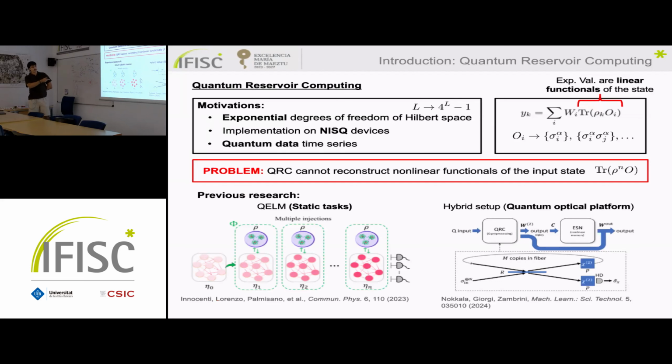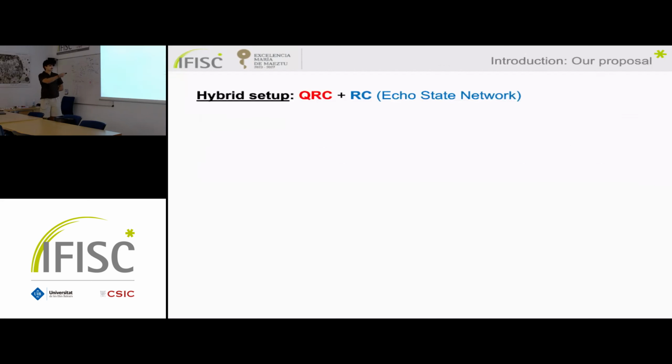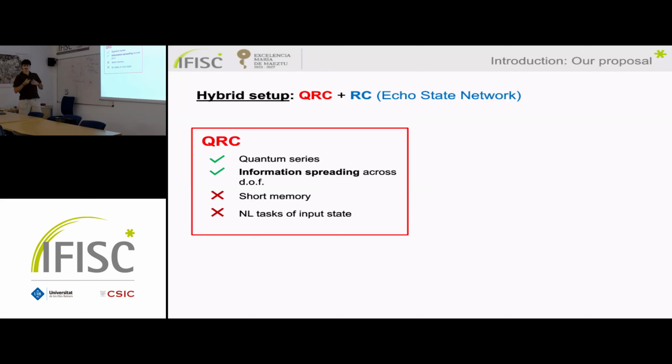Our work is based on this kind of setup, and we propose a hybrid setup composed of quantum reservoir computing and classical reservoir computing, which is represented by an echo state network. We try to take advantage of the processing of quantum series in our quantum part, as well as the information spread across the degrees of freedom to compensate for the short memory that our system will present, and also that our system cannot perform nonlinear tasks.